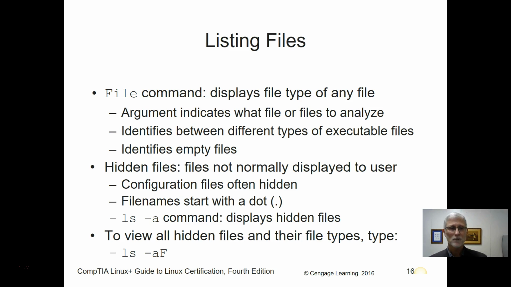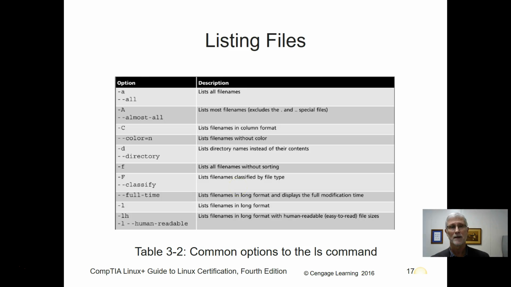So if you do an ls -l, you don't see those hidden files. But if you want to see the hidden files, then it's an ls -a, maybe an -al. Here's an example: ls -a -F, to see the files and the file type.